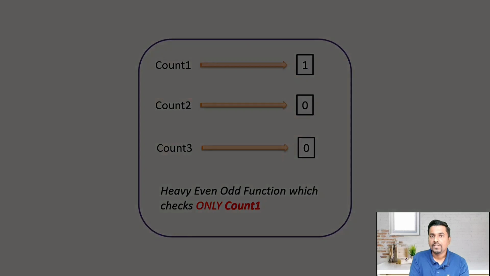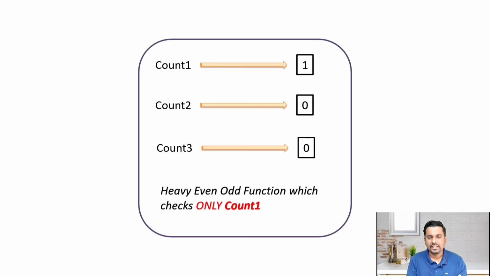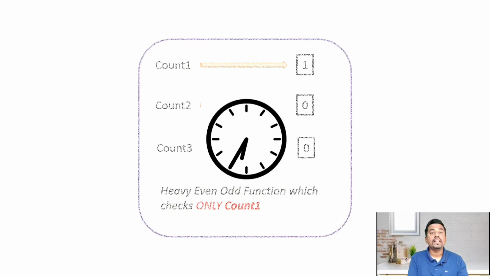The same happens if I do it with count 2. Basically, it does not have anything to do with the odd or even checking of count 2, because we are only checking for count 1. But see, if I click, it takes some time again.